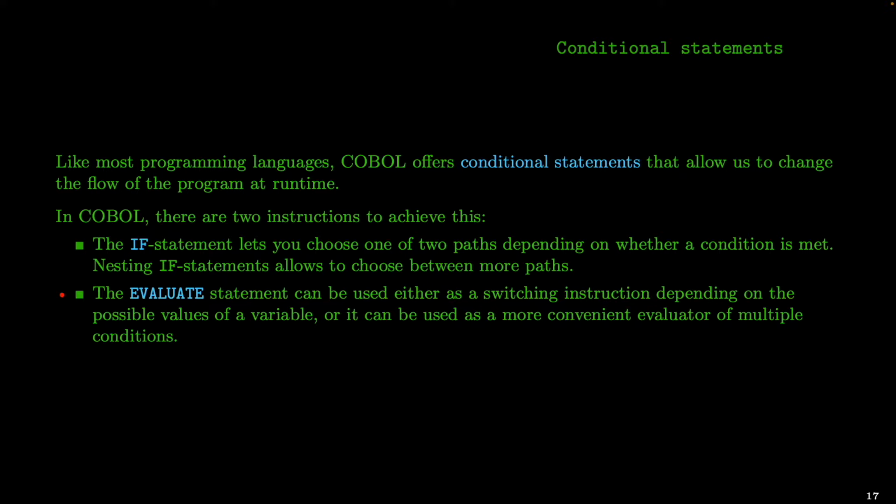And this can be used either as a switching instruction, similar to the switch in C. For this we can evaluate a variable and continue in the code depending on the possible values of this variable. Or we can use it as a more convenient evaluator for multiple conditions than the nested if statement.